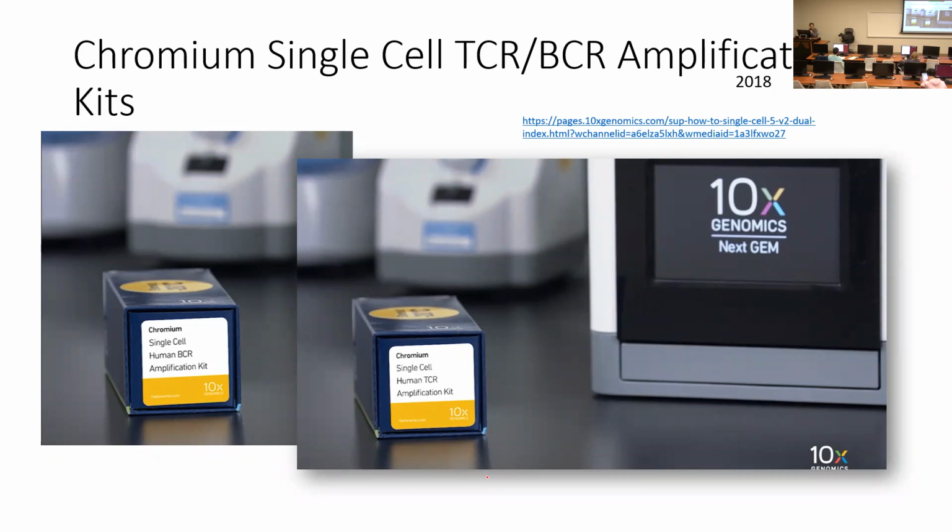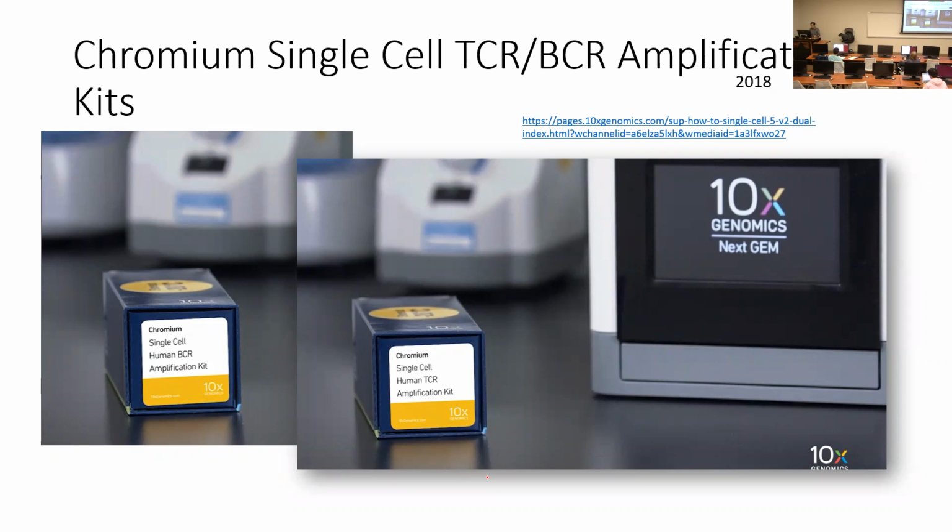So that's kind of a pooling strategy, because if you don't have a single cell level analysis, you have to do pooling, and you compare, for example, patients before and after exposure, and you see the frequency change of certain types of the subunit of T cell receptor or B cell. But now you can do single cell level with this kit.